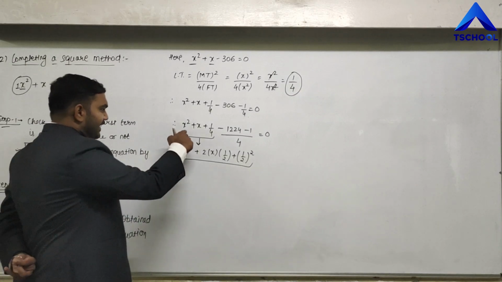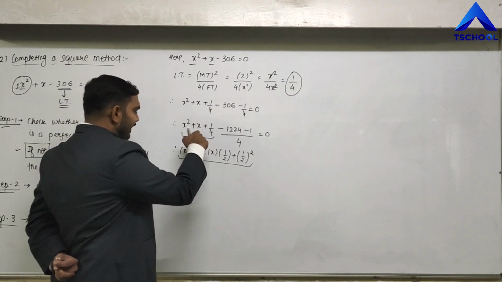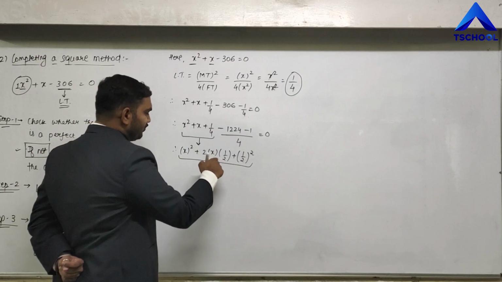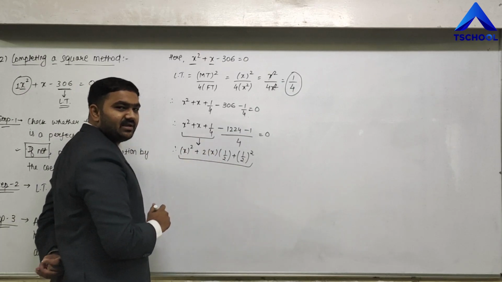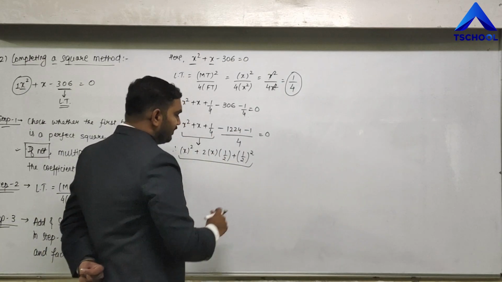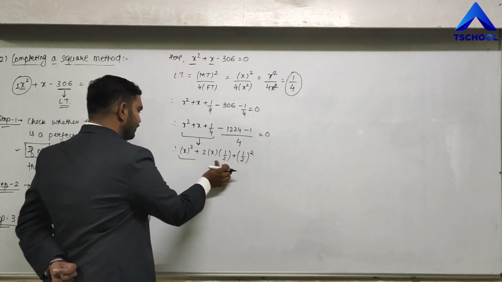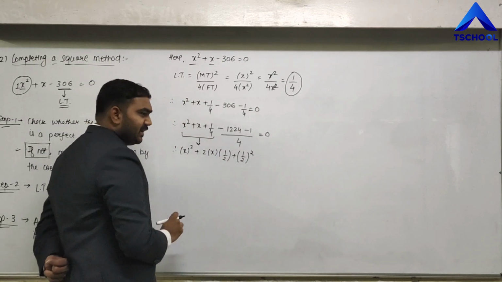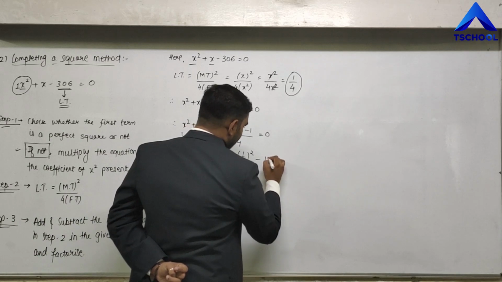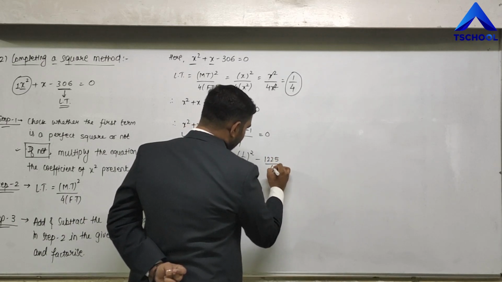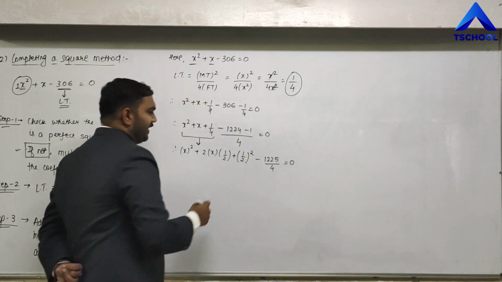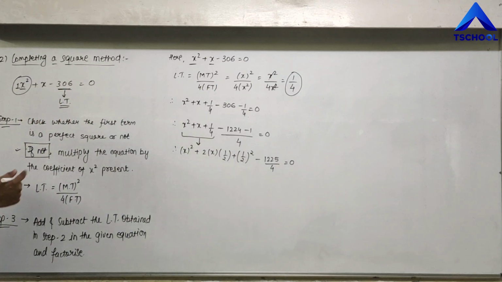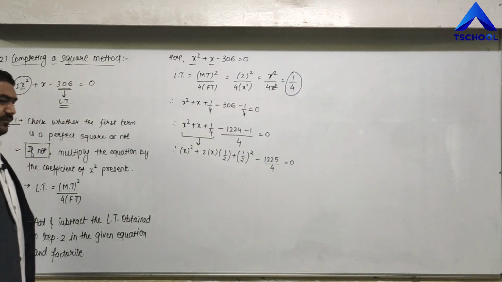Yes or no? x whole square, x, that is 2 into x into 1 by 2. This 2 and 2 can be cancelled, so the remaining thing will be x, and 1 by 4 can be written as 1 upon 2 whole square, right? So that is the first part, minus 1225 upon 4 equal to 0. Minus 1224 minus 1, that is minus 1225 upon 4.